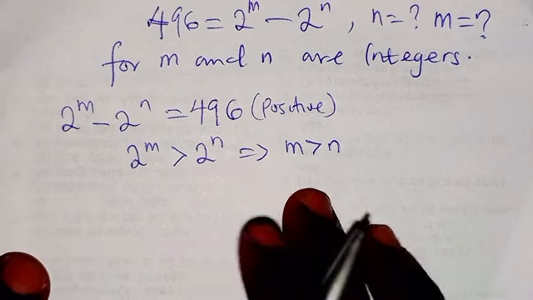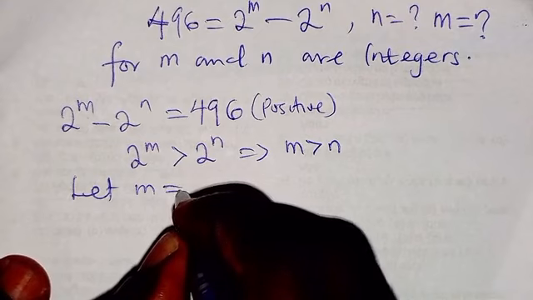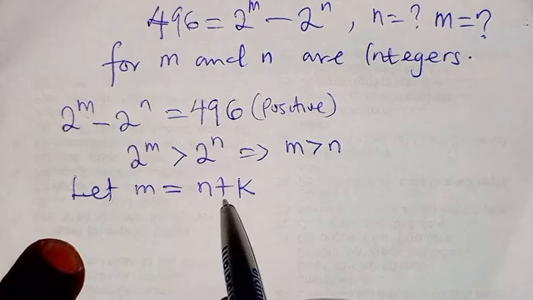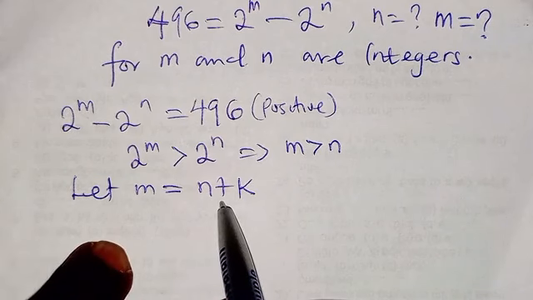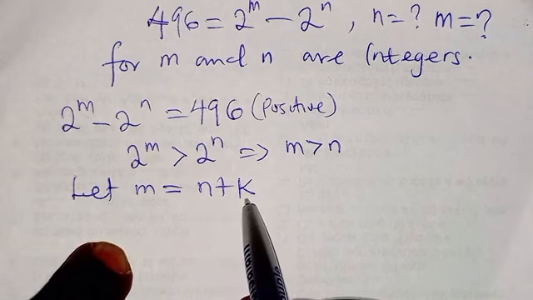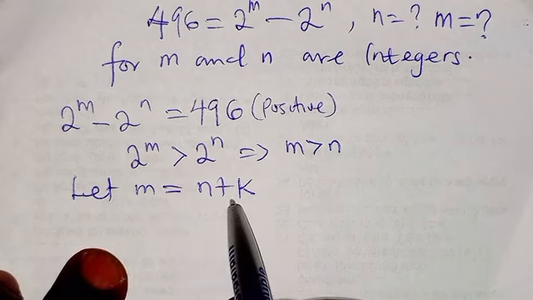So now since m is greater than n, we can let m be equals to n plus k. So therefore m is greater than n by a particular value of k. So that's why we say m to be n plus k.